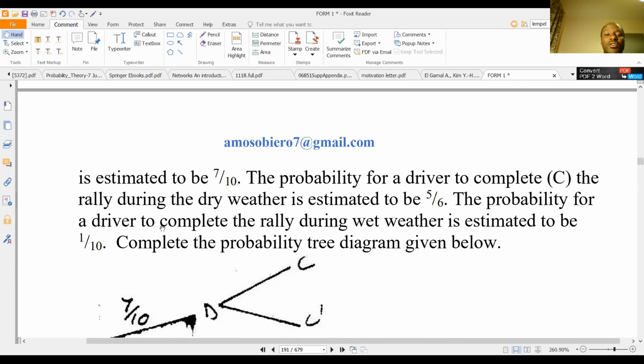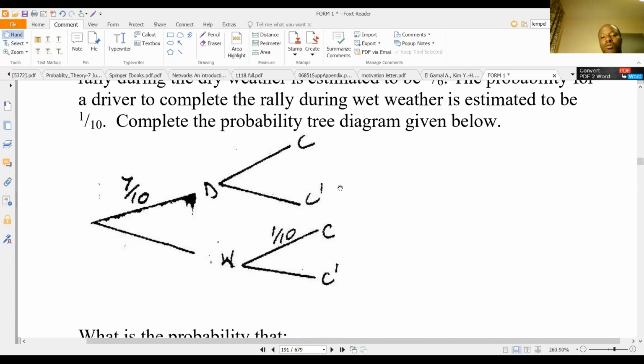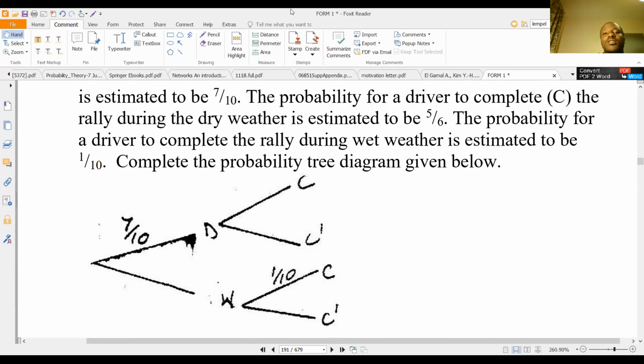The probability for the driver to complete the rally during wet weather is estimated to be 1 over 10. So complete the tree diagram below. So you have your tree diagram. That's an interesting question.